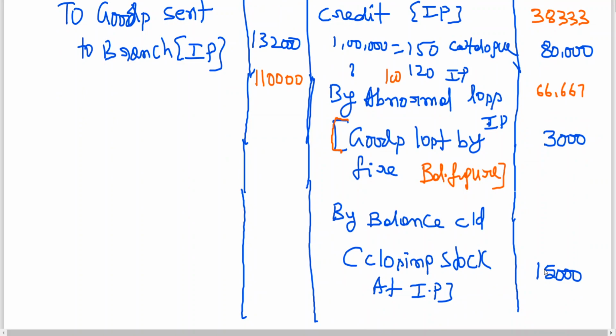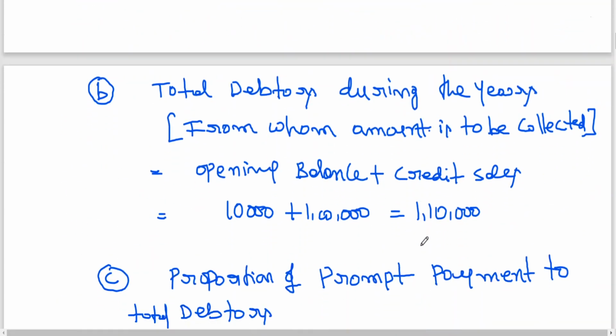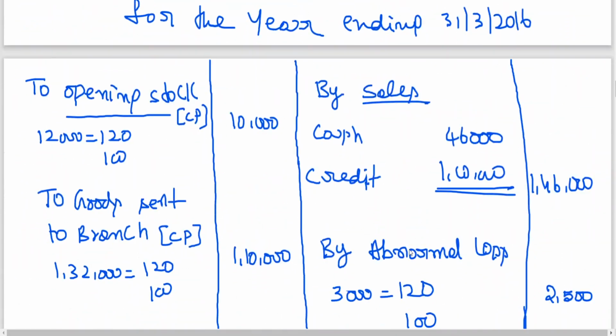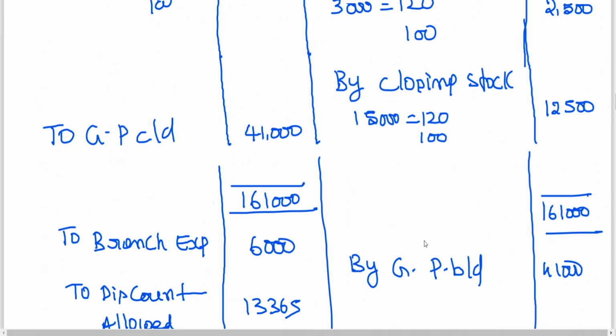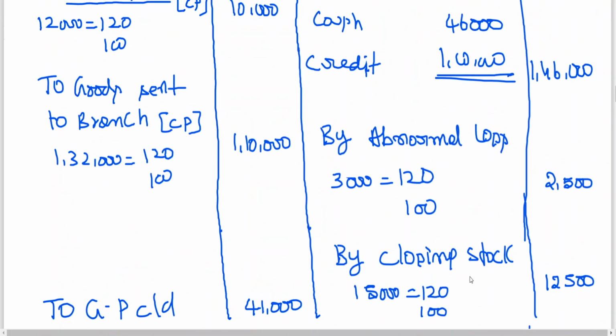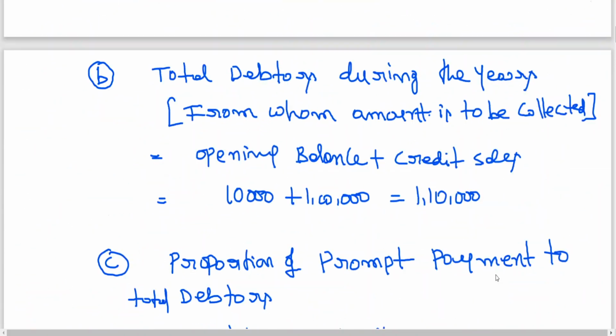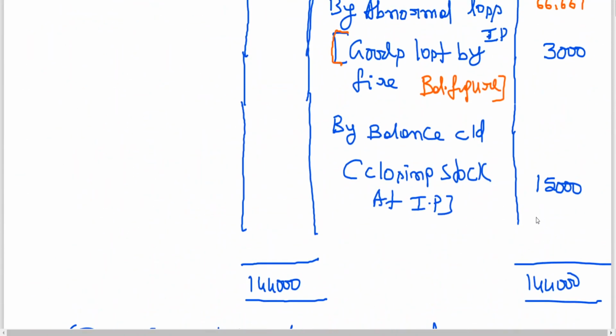Closing stock, 15,000 is equal to 120. 100 how much? You have done it already in the trading account. The entire thing is at cost price, no? Now everything in red color is at cost price.